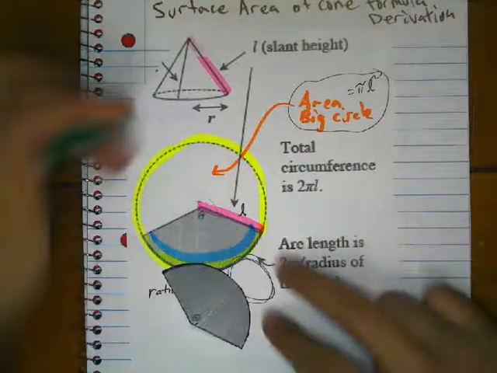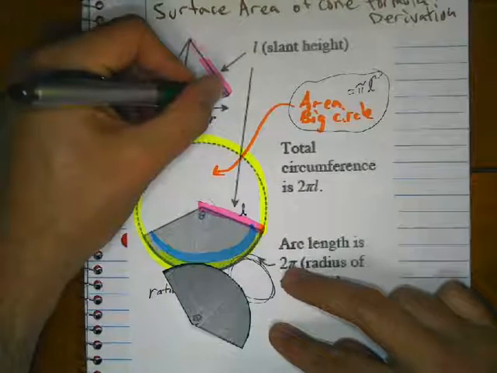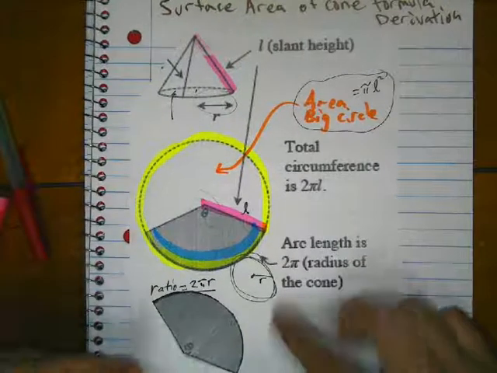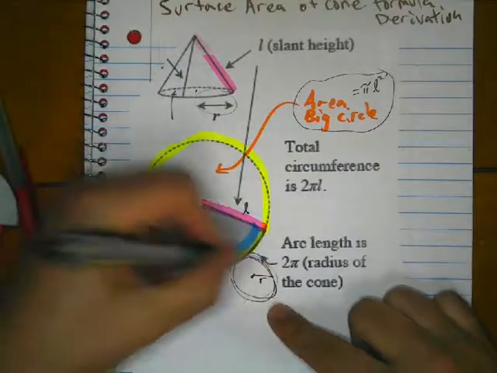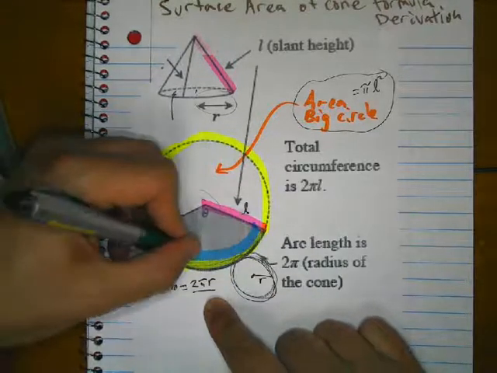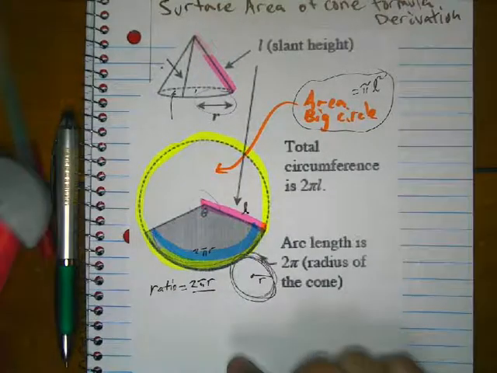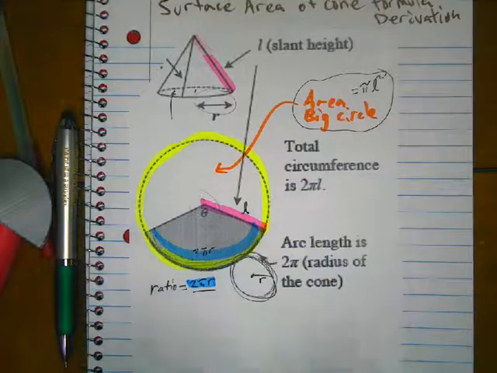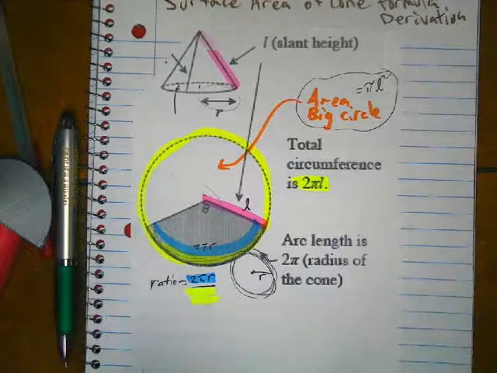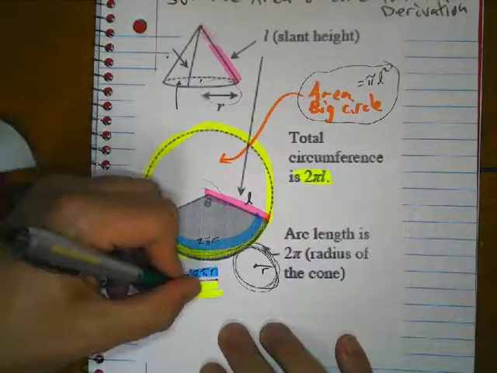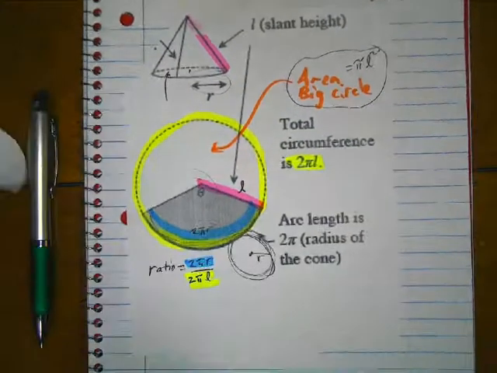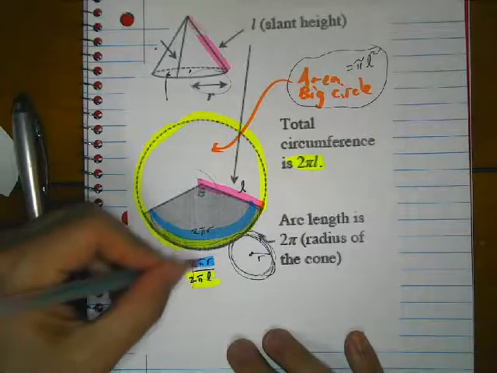From here to the edge here is r, so the circumference goes from here to here is 2 pi r. And the whole circle is 2 pi l. If I simplify this ratio, we end up with r over l.